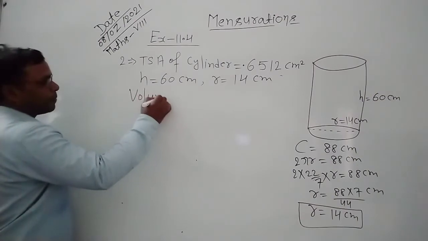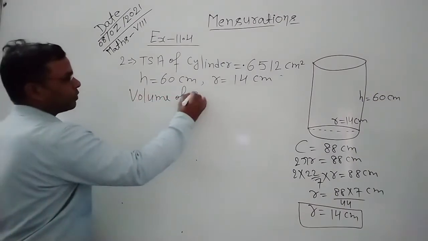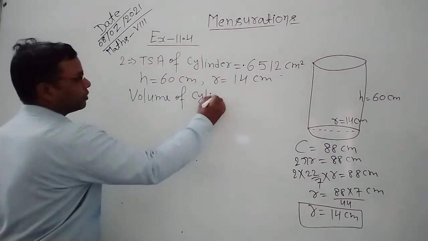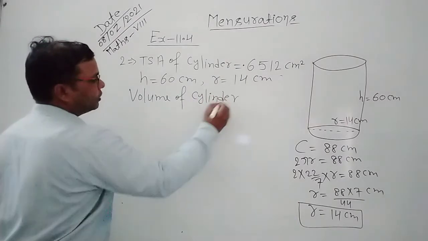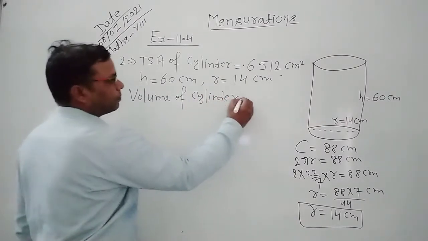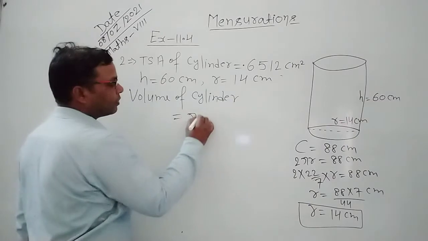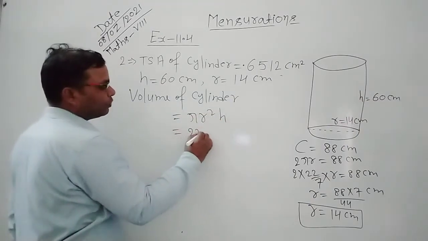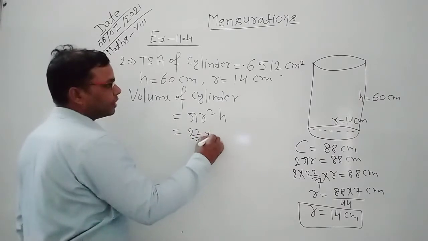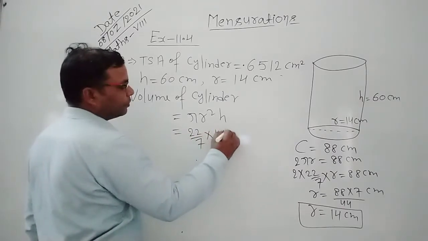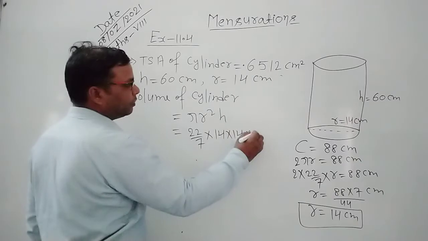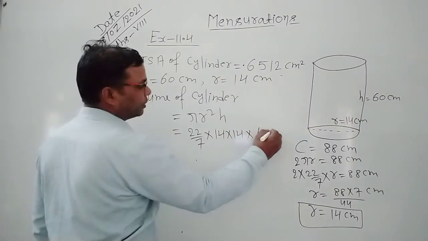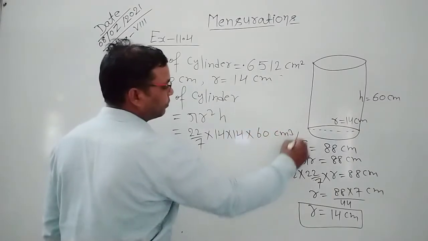Volume of cylinder is equal to pi r square h. So pi is 22 by 7 into r is 14 into 14 into h is 60 centimeter cube.